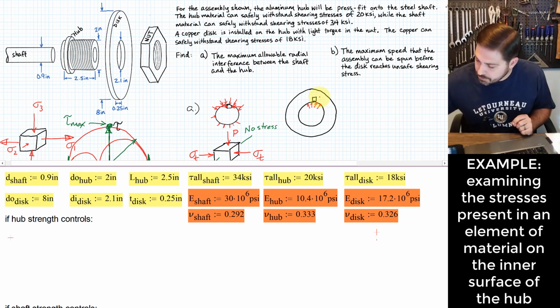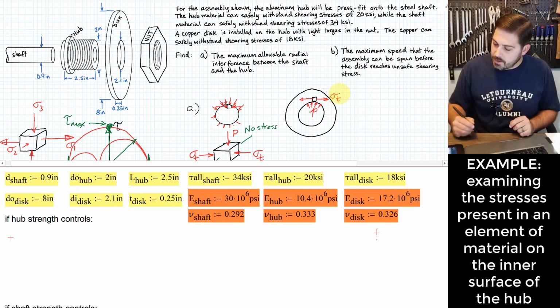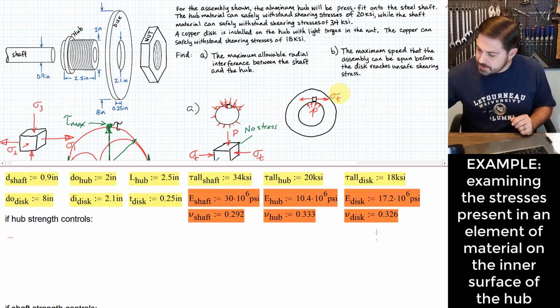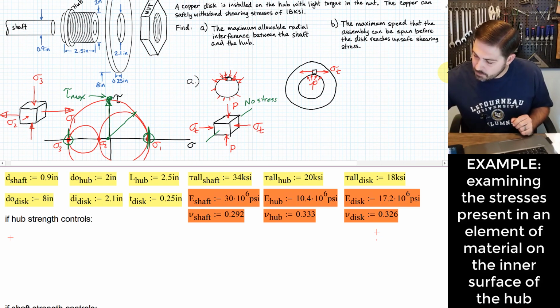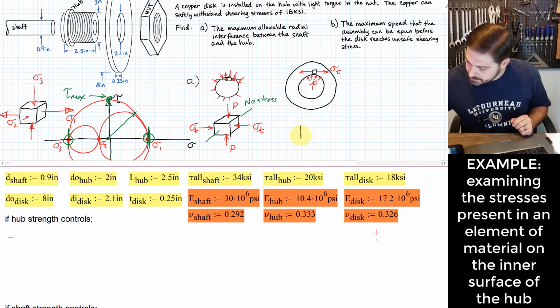But then it's also going to be experiencing a tangential component of stress. So here's our P, and then our tangential component of stress acting on that little element of material. And so just like before, I'd like for us to think a little bit about what that element of material looks like in terms of 3D.